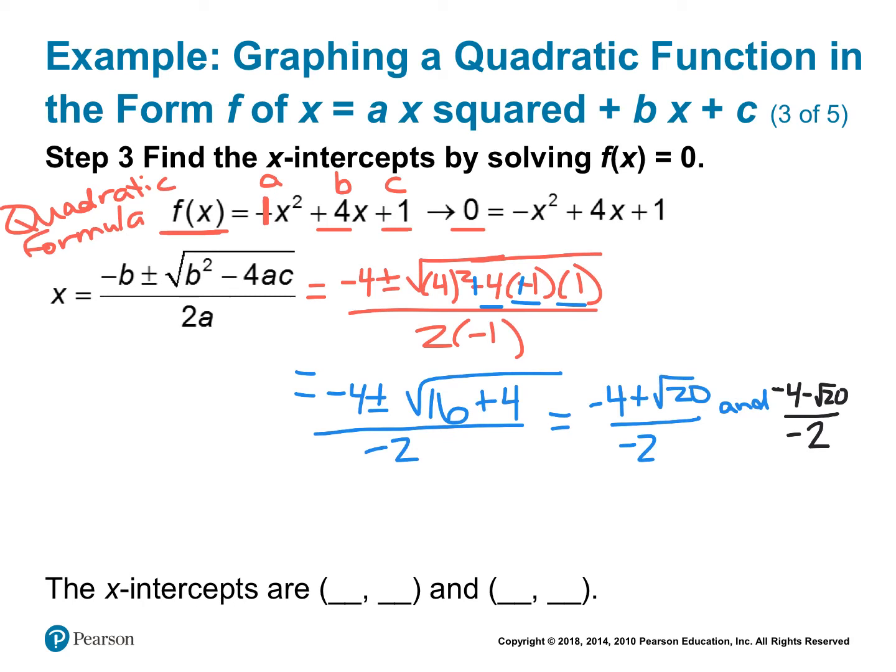So here's what I would do on your calculator, because we don't want to round off the square root of 20 unless we absolutely have to. What I would do is plug in the top first. So do -4 plus the square root of 20, press the equal sign, then press divided by 2, and you should get x is about -0.24.